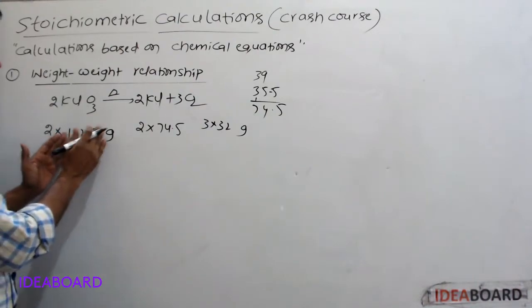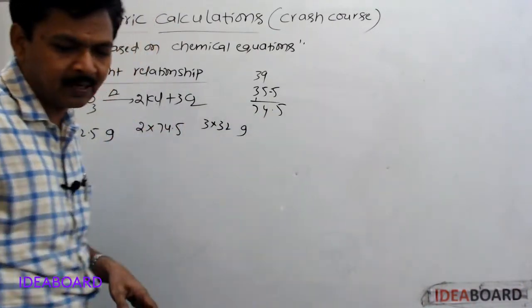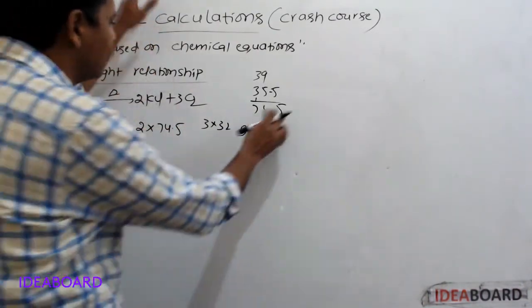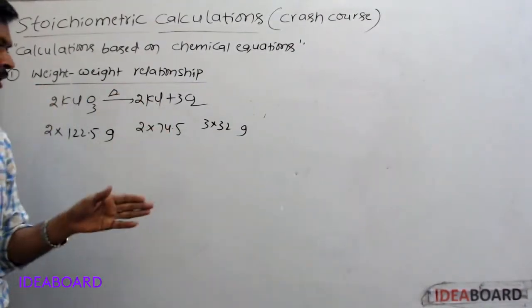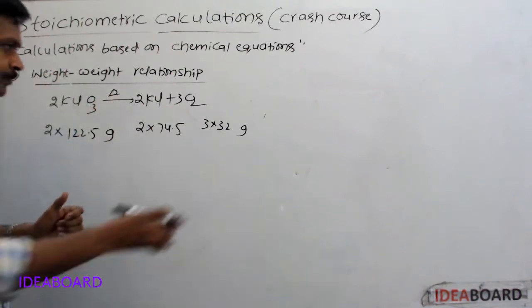So here reactant and products both are expressed in terms of weight. So this kind of calculations are called calculations based on weight-weight relationship.